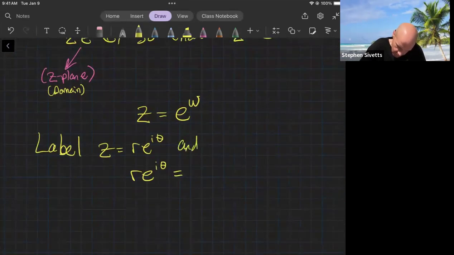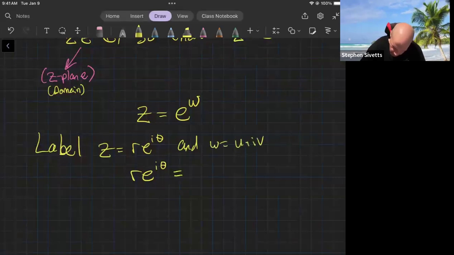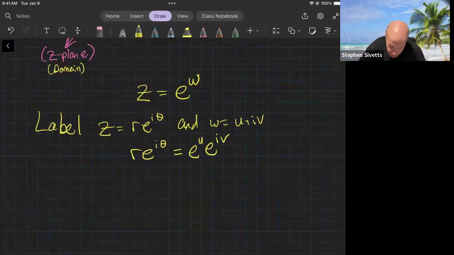And if we look at w in terms of the real and imaginary components, we'll get this relationship: r times e to the i theta equals e to the u times e to the iv, right?